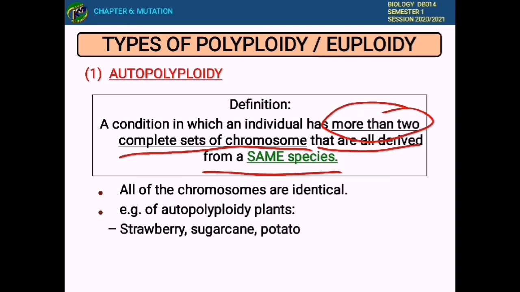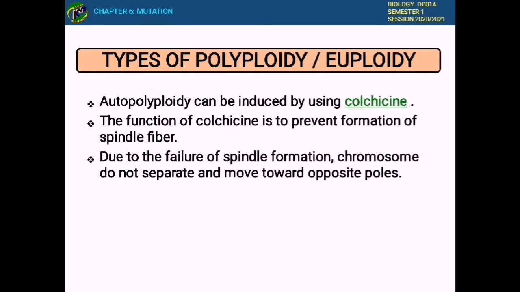All of the chromosomes are identical. Examples of autopolyploid plants are strawberries, sugarcane, and potatoes.